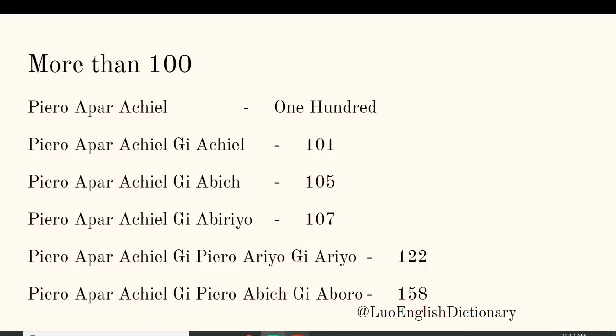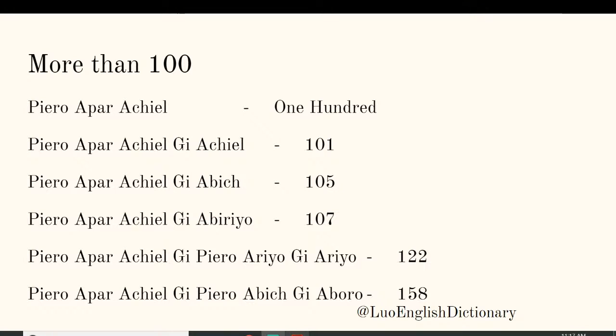You see? So that is 101. Piero apar achiel gi ariyo. Piero apar achiel gi adek. Piero apar achiel gi ang'wen. Piero apar achiel gi apar achiel.